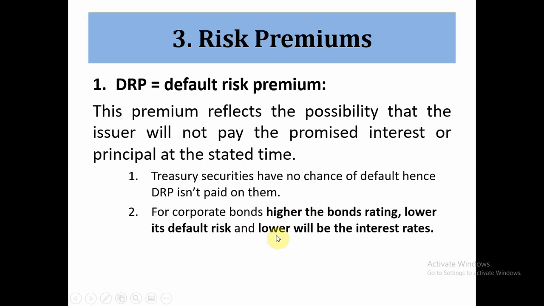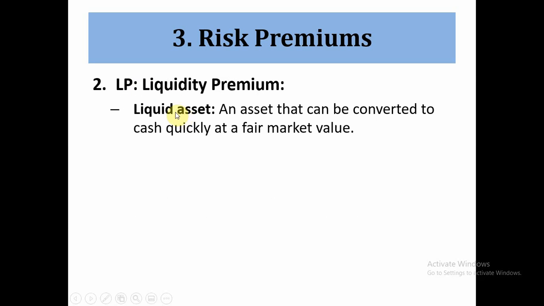So ultimately, you need to charge a low interest rate on the high bond rating companies. So if the company is in a good position and has fewer chances to default in the future, then DRP will be decreased. DRP decreases, and you will charge less DRP premium, and ultimately your interest rate will also decrease at that time.